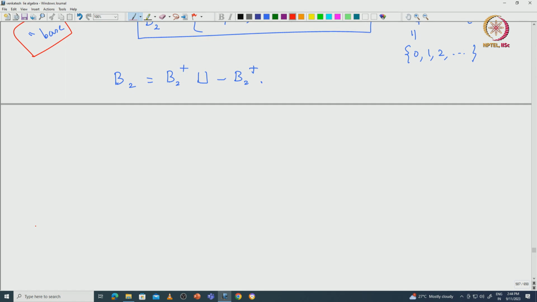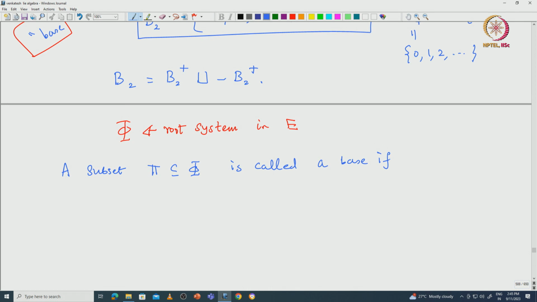So, we fix a root system, let us call it phi, sitting inside the Euclidean space E. Then we call a subset, let us call it pi, a subset of phi, a base if the following conditions are satisfied.